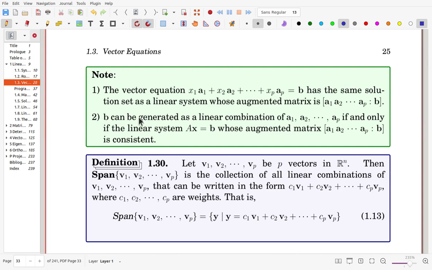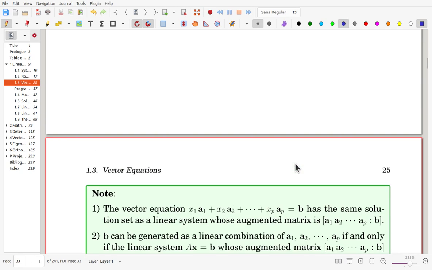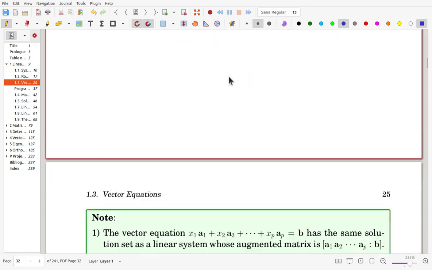The vector equation x1 a1 + x2 a2 + ... + xp ap = b has the same solution set as a linear system whose augmented matrix is [a1 ... ap b]. We did that already in this example.